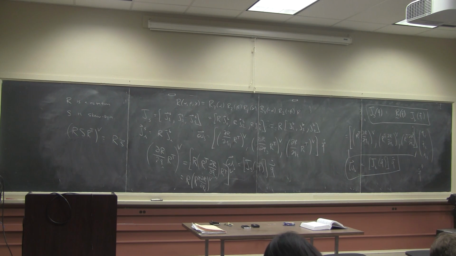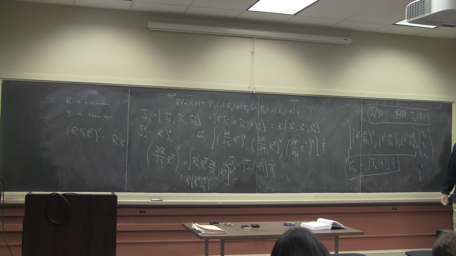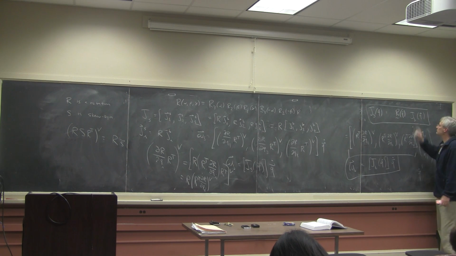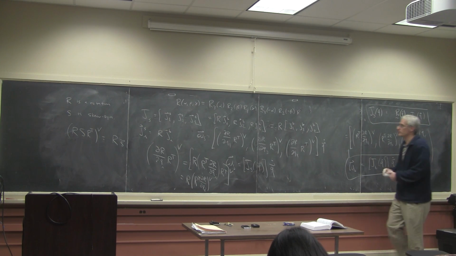So Jacobians of parameterizations of rotations, whether it's body fixed or space fixed, can be related to each other simply by the rotation matrix that is describing the rotation.